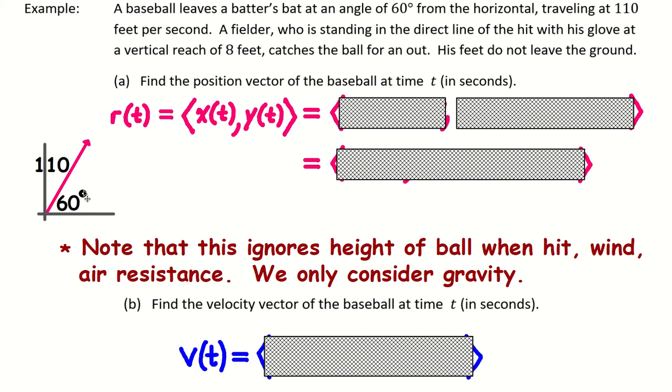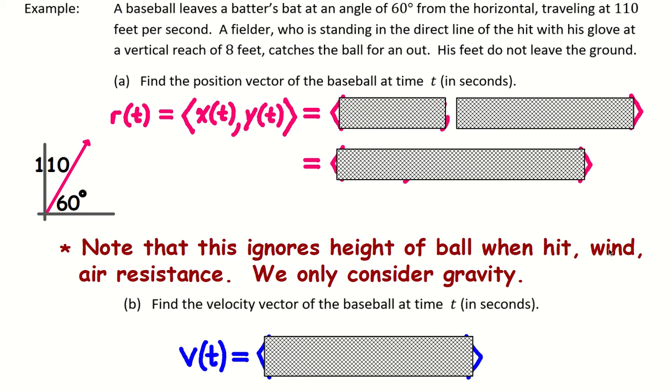The position vector. And what makes this extra juicy, note that this ignores height of the ball when hit. So we're not actually considering how high off the ground the bat is, or how high the ball was off the ground when it was struck, though we are considering that the glove is going to be 8 feet off the ground.